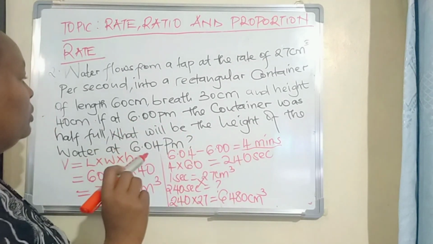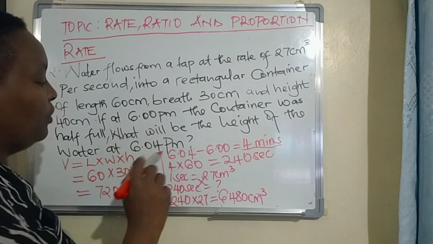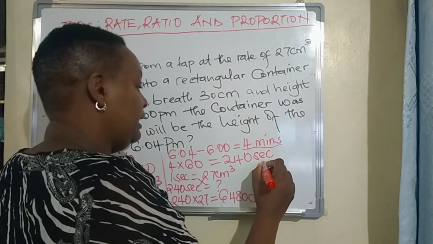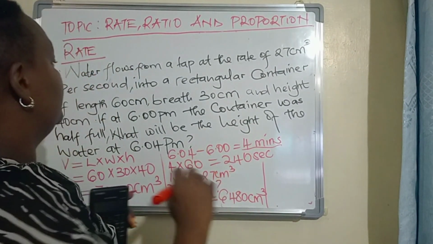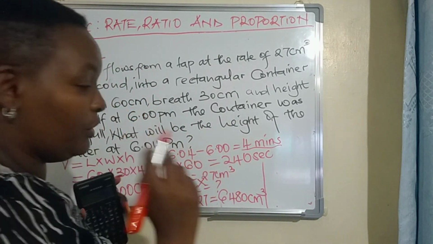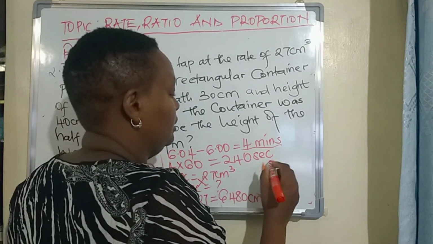And the question is, what will be the height of the water at 6:04 p.m.? So here we still maintain the length and the breadth of the container as 60 and 30.